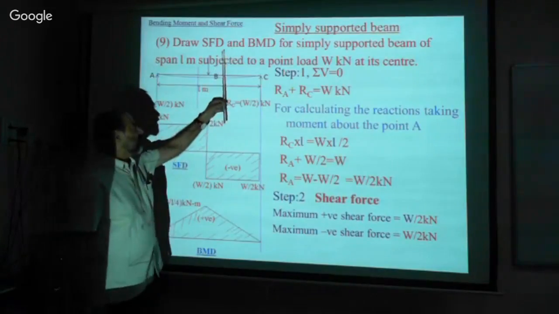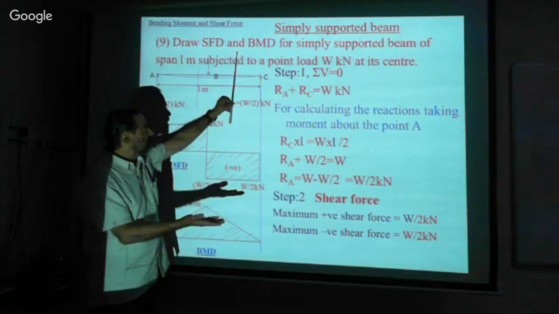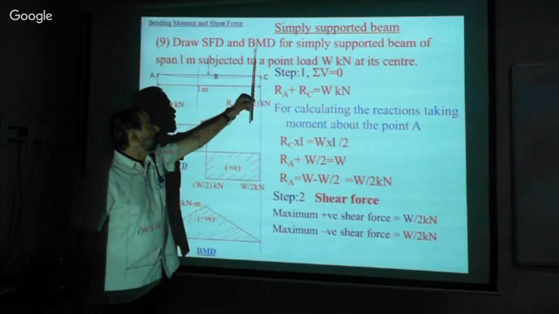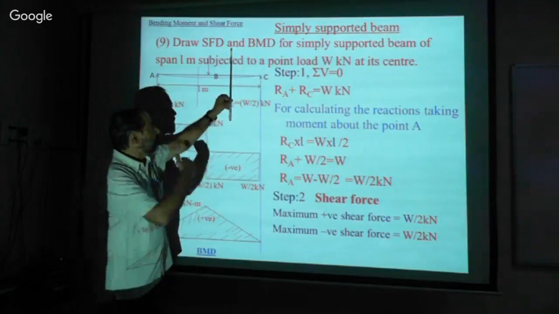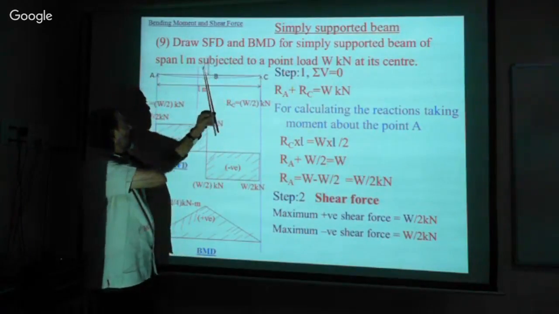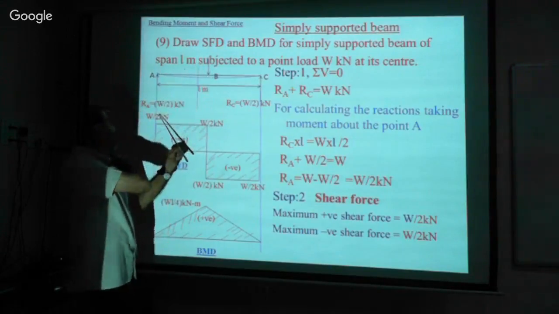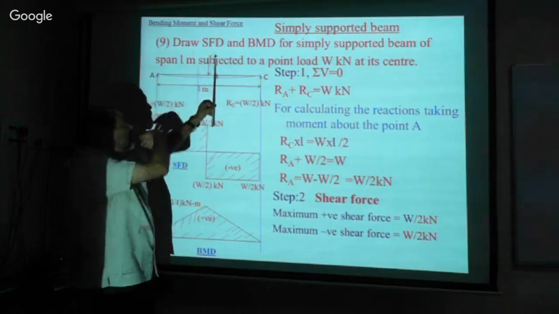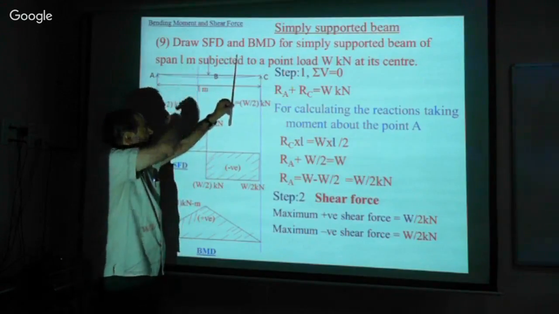Now, considering the shear force at this point, the right hand section is upward. Considering the left section, W is downward and RA is upward, so W minus W by 2, the net is W by 2 downward.